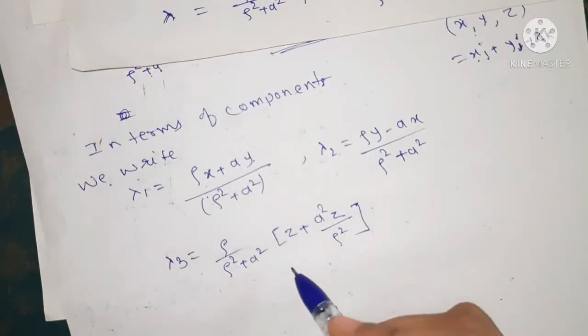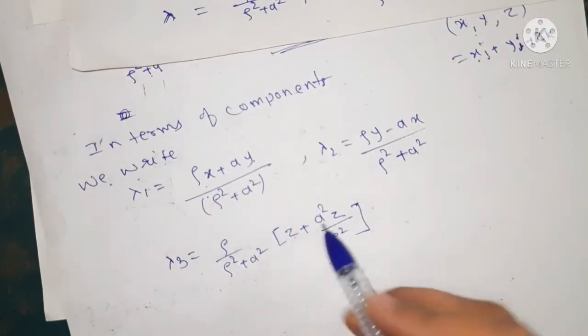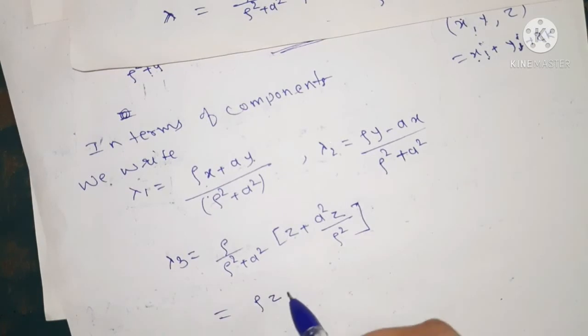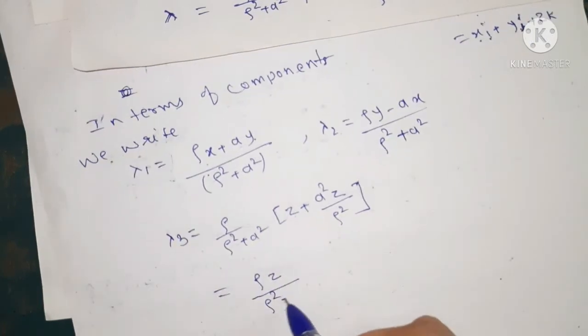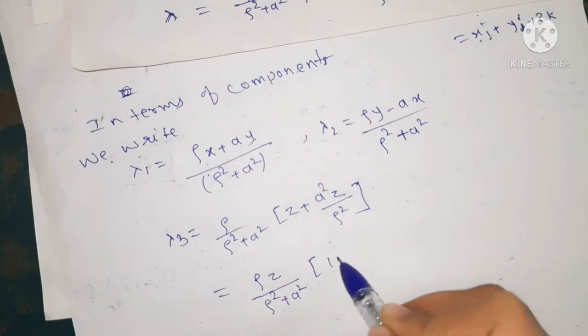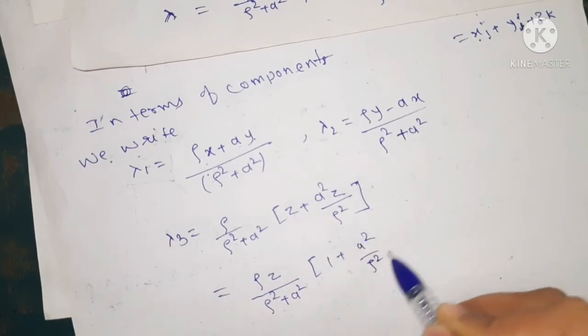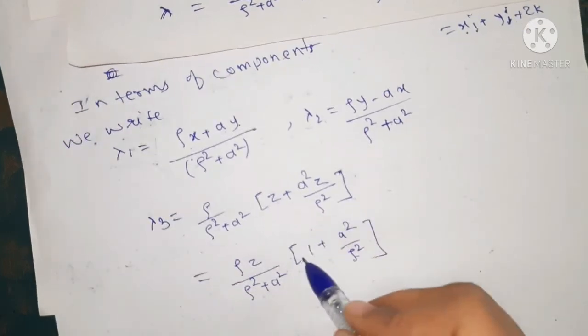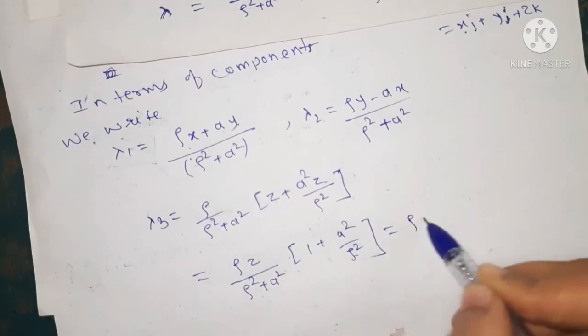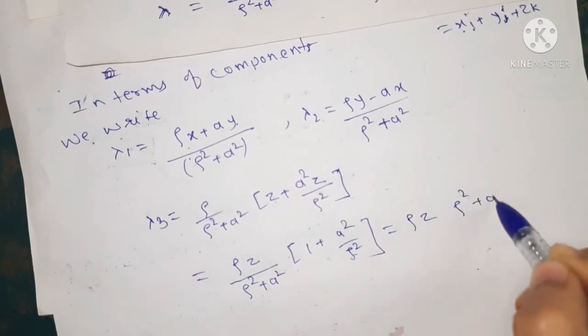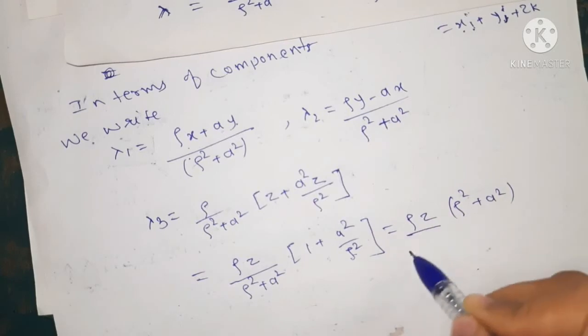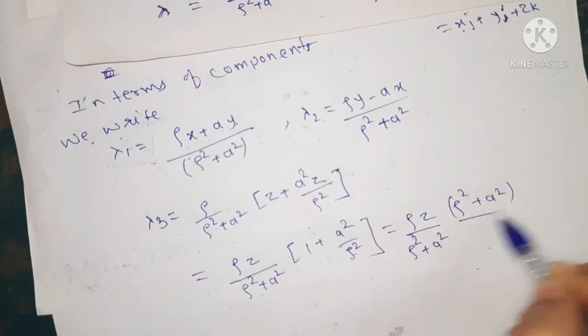Now we can take the z common from these two terms. So here we have rho z upon rho square plus a square, and in the bracket we have 1 plus a square upon rho square. So multiplying this rho square to 1, we have here rho into z, rho square plus a square, and in the denominator we have rho square plus a square upon rho square.